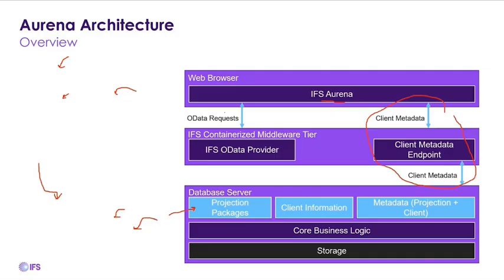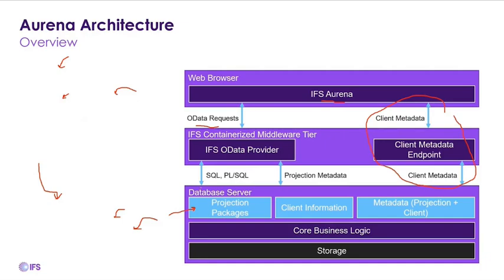For that, from the IFS application, there will be OData requests. Those OData requests will go through the IFS OData provider, and from there they will sometimes access projection metadata to get the information, and sometimes, if we are looking at PLSQL codes to fetch information, we can have PLSQL server invocations through the database server to fetch the necessary data, right? That's how these are working.